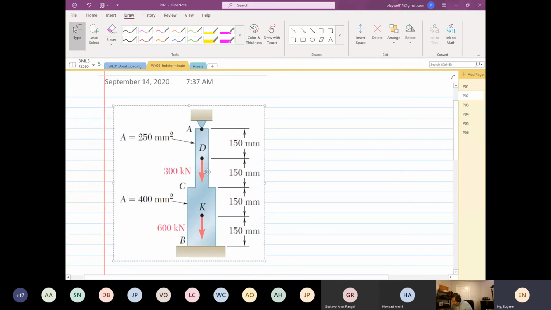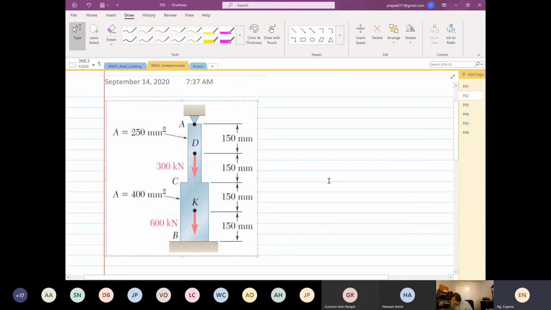If you look at this structure over here, it's basically statically indeterminate. We cannot solve it by using summation of forces in the x direction, summation of forces in the y direction, summation of forces in the z direction. We can't do that.